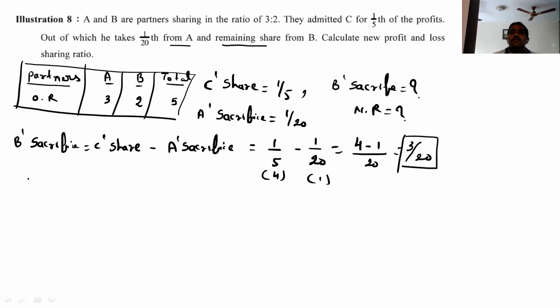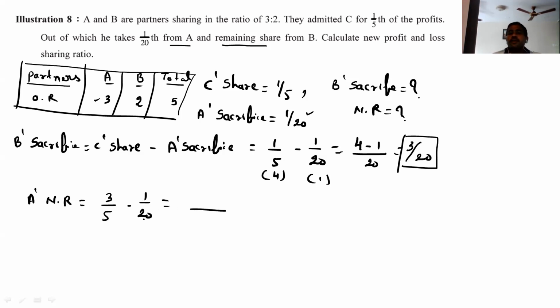Now we are going to calculate A's new ratio. A's new ratio is equal to A's old ratio, which is 3/5, minus how much A is going to sacrifice. See one figure very importantly, 1/20.